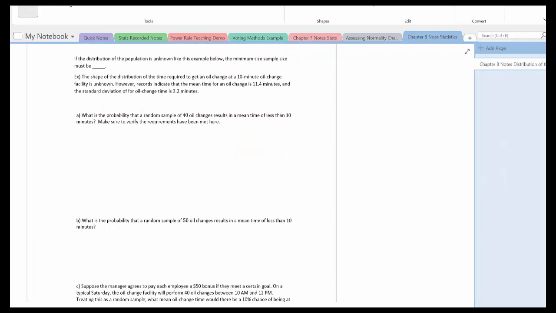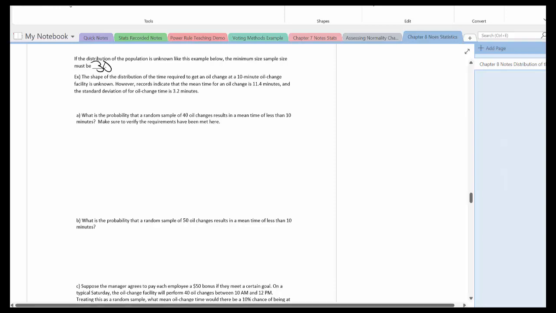Okay, next page. If the distribution of the population is unknown, like the example we're going to look at below, the minimum sample size must be 30. That will be the magic number for us. Okay, let's take a look at this example. The shape of the distribution of the time required to get an oil change at a 10-minute oil change facility is unknown.